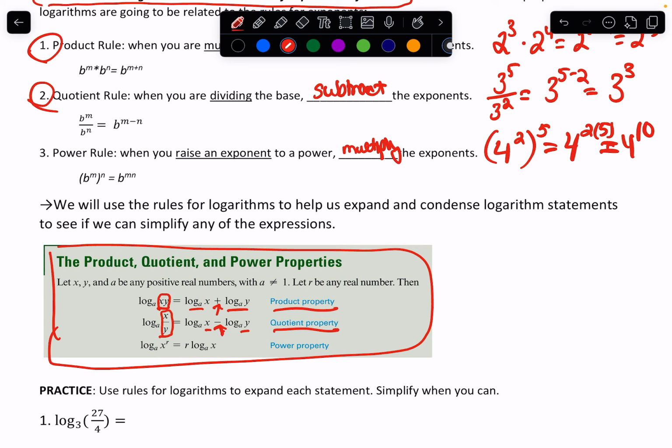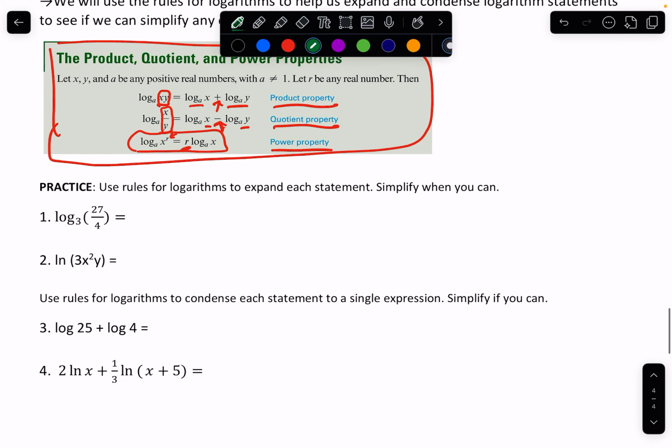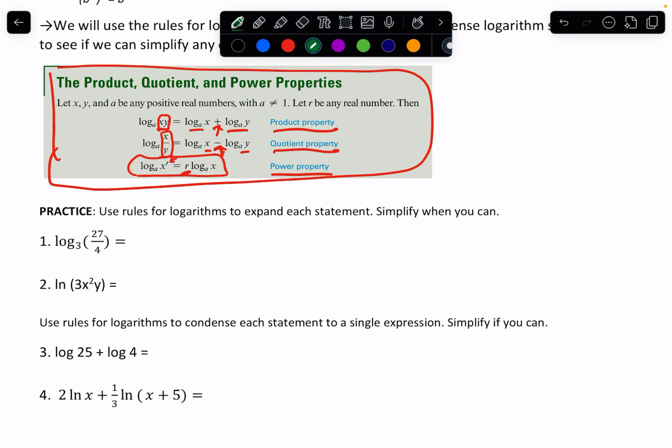Okay, the power property is a little bit different. So if we have the exponent r here in the log, we can bring it down to the front. Again, these are something that you're going to have to know. Okay, let's practice here. Use rules for logs to expand each statement. Simplify when you can. We have a division, so we're going to use the quotient property here.